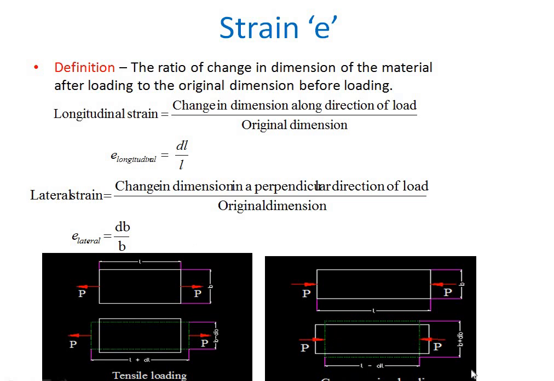The same is true in the case of compressive loading. Assume we have a material of length L and breadth B loaded by a compressive load P. After loading, the length has decreased to L minus dl, and whenever the length decreases, the breadth increases, so now the breadth is B plus dB.